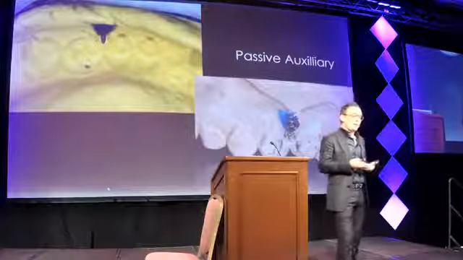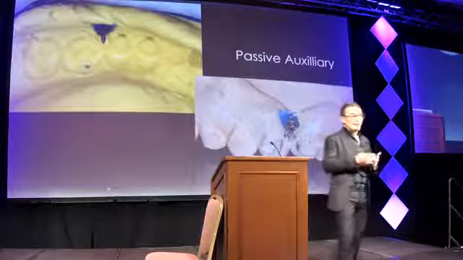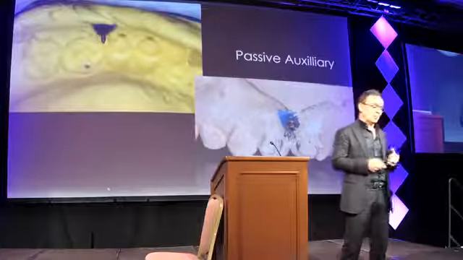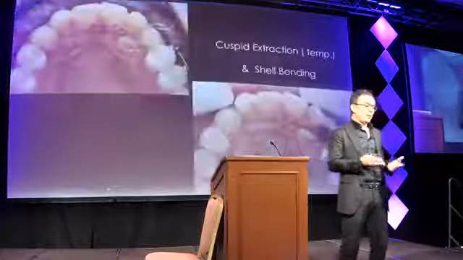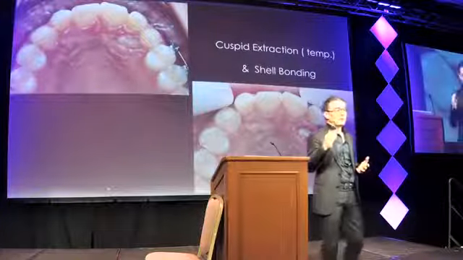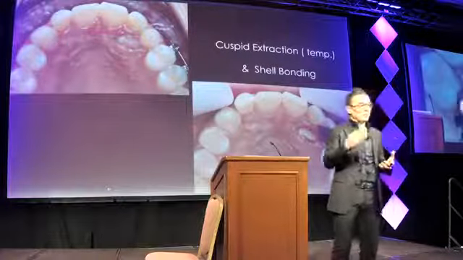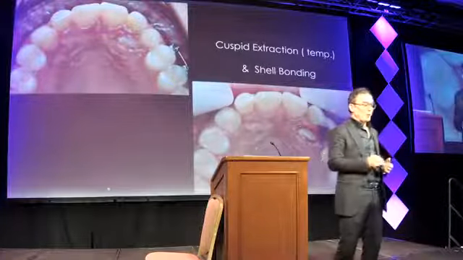We create a positive model, and then we prepare an auxiliary that will connect my mini screw very passively to the teeth I want to use. And once we did that, we can again sleep very well, because we have a very solid anchor unit that will help me bring my canine the first time of treatment, in the first step, labially and out of the occlusion.